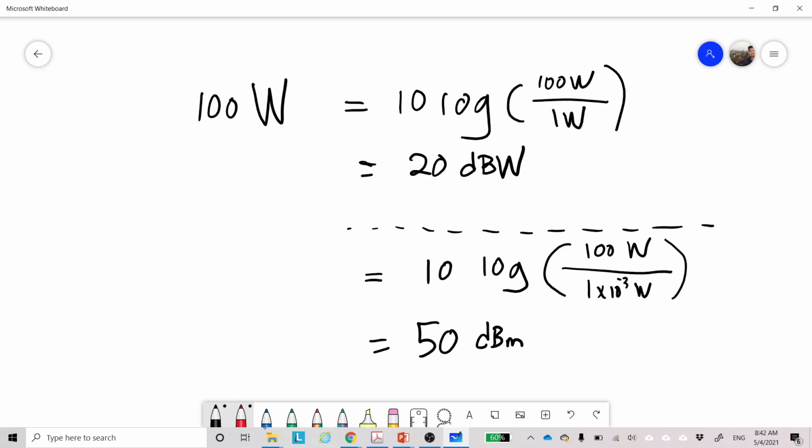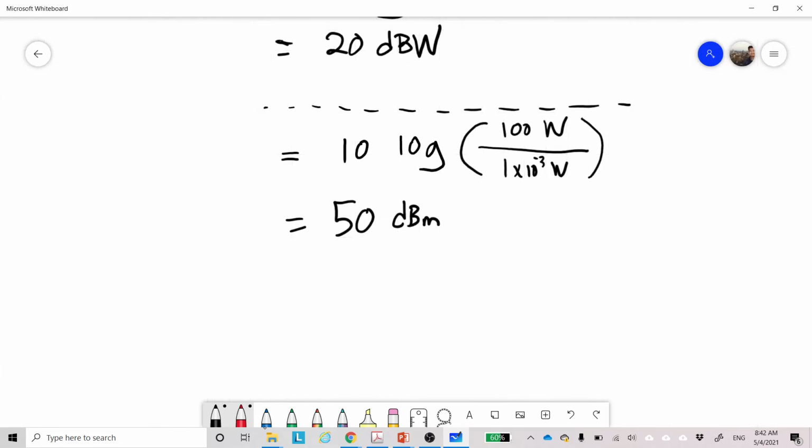Everyone can try so that you understand how to calculate. So I hope that you try using your calculator now. So now let's try to change it into dB micro, for example.